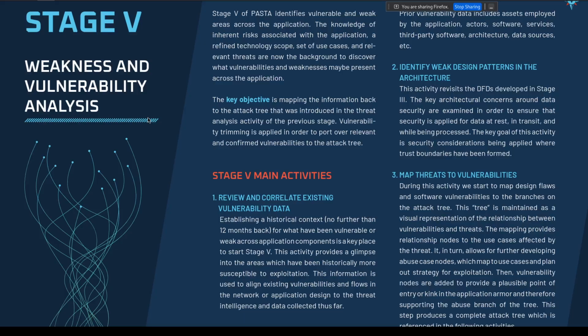Here we might be using data like our vulnerability management dashboard or penetration testing reports in order to identify vulnerabilities that were previously identified. We also try to identify the vulnerabilities that occurred most often. We also identify components which had those vulnerabilities in order to map the vulnerabilities to those specific components.